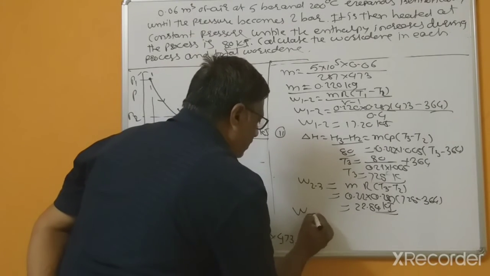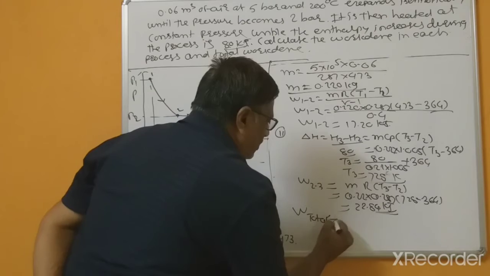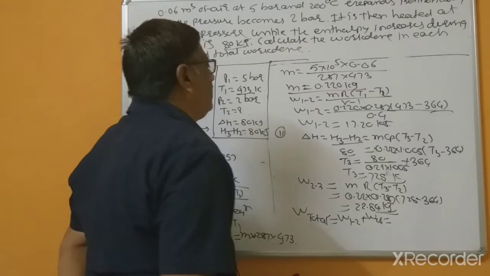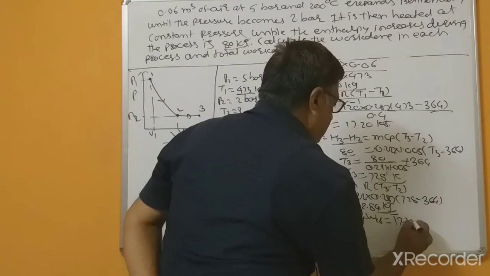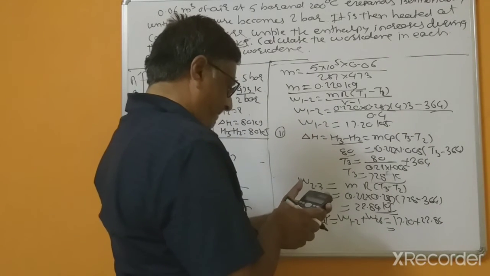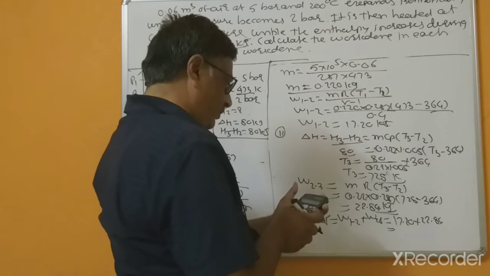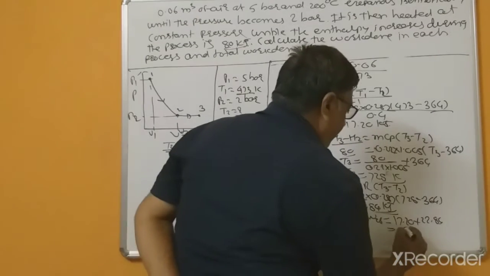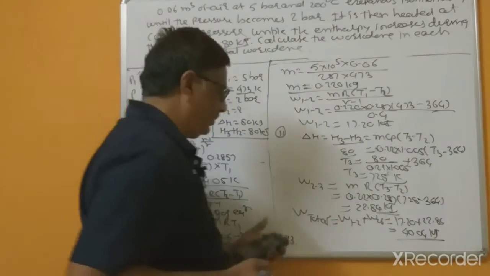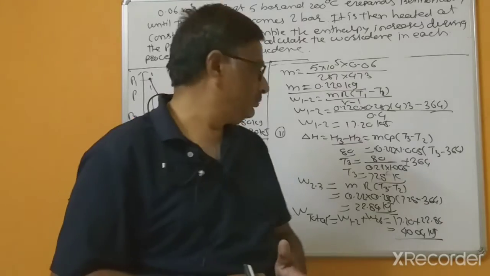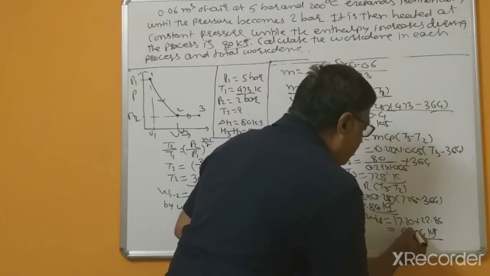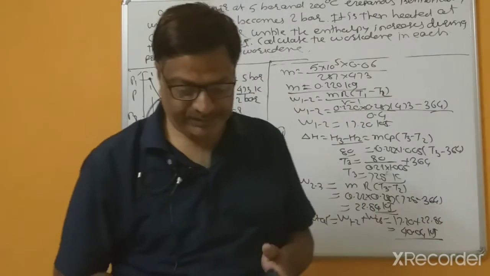So the total equal to 1 to 2 plus 2 to 3, and this is 17.20 plus 22.84, and this is equal to 40.04 kilojoule, and this is your expected answer, 40.04.